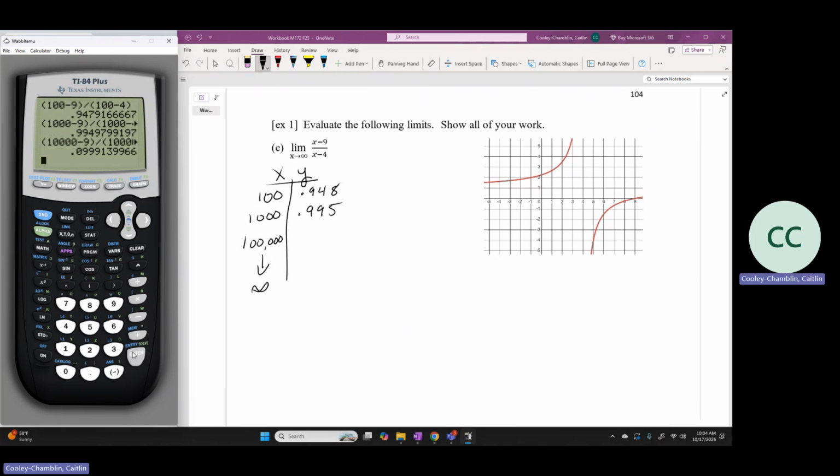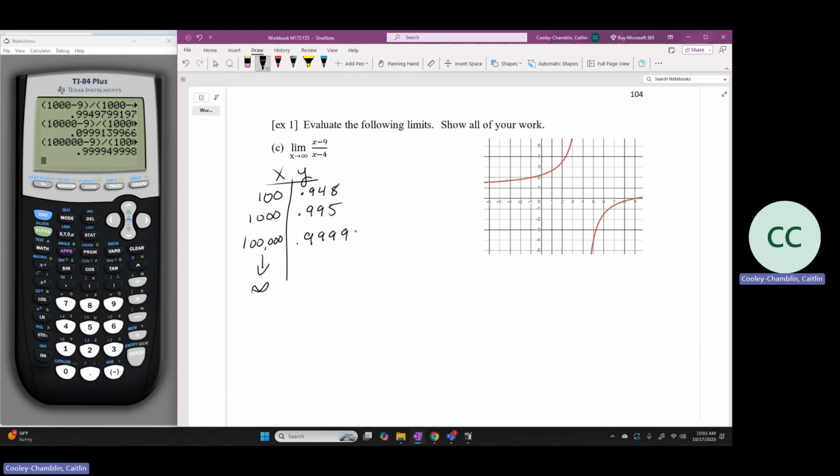So when I do that, there we go. So we get 0.99.